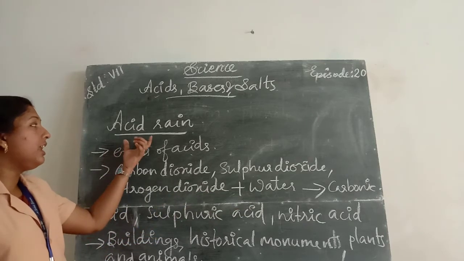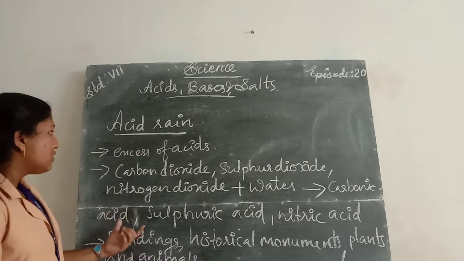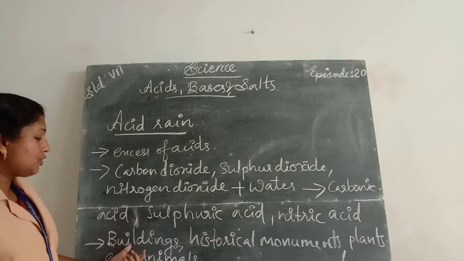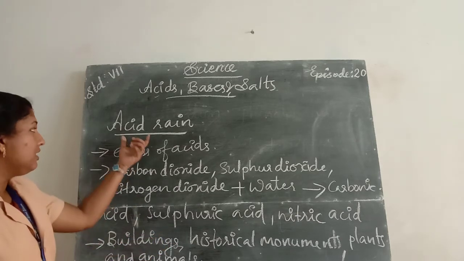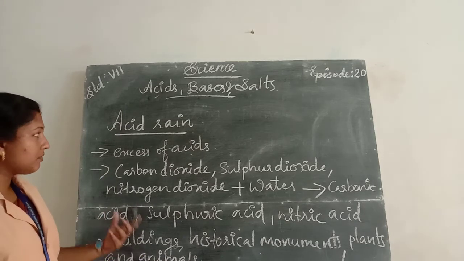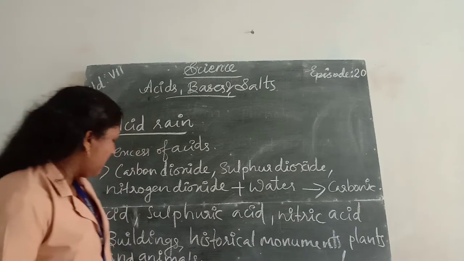So the rain contains excess of acids and forms acid rain. This acid rain causes damage to buildings, historical monuments, plants and animals.